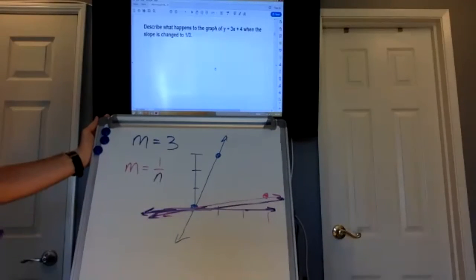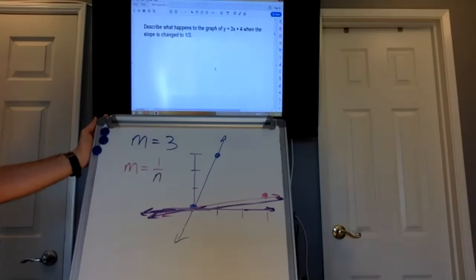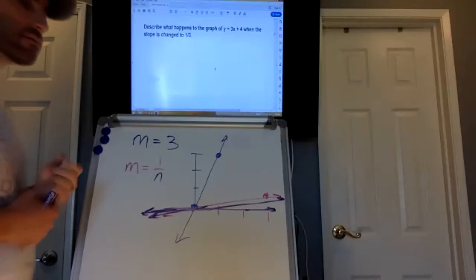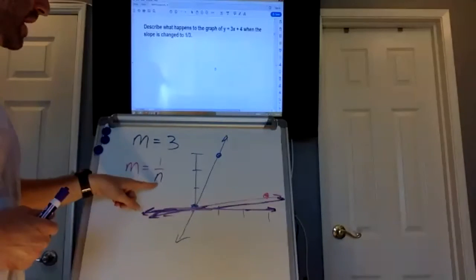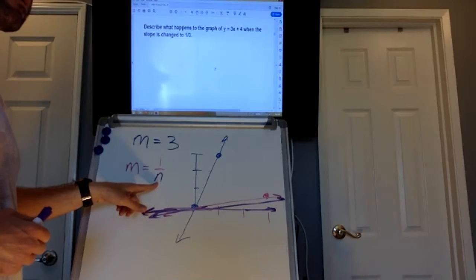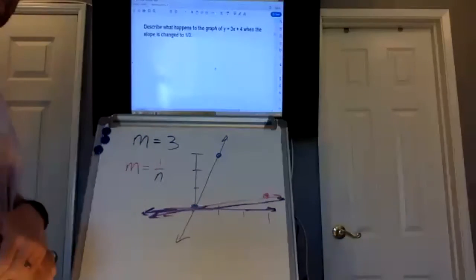It won't be exactly a flat line, because it would be flat. It would be 0. When the denominator becomes infinity, this goes to 0.